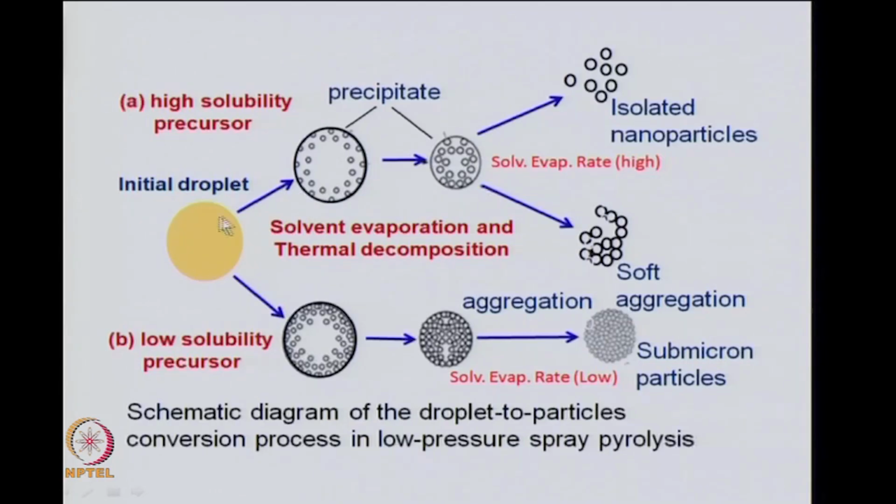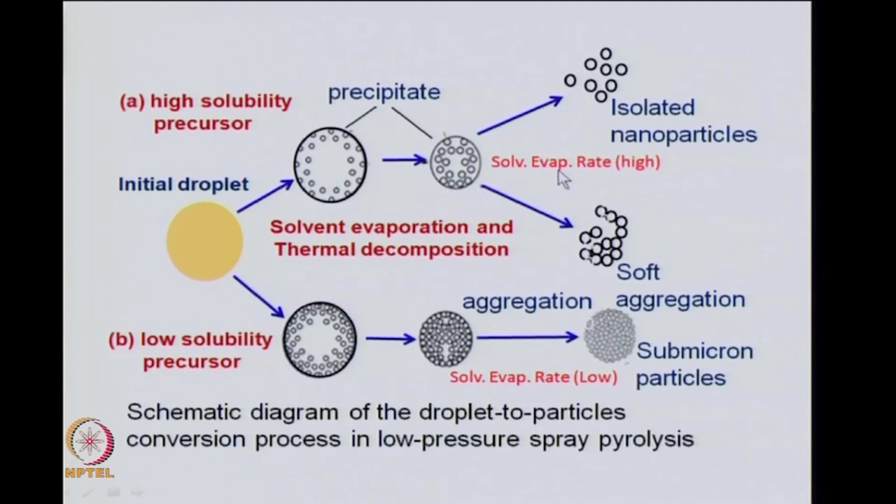So, you have an initial droplet with a very high solubility precursor, that means the solute is very well dispersed. And then once these precipitates occur, you start evaporating, and the solvent evaporation rate is very high because the concentration of the solution is low.